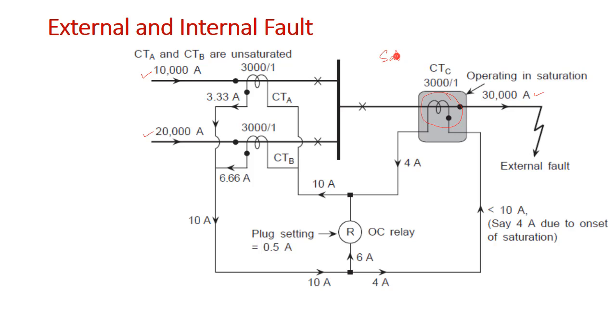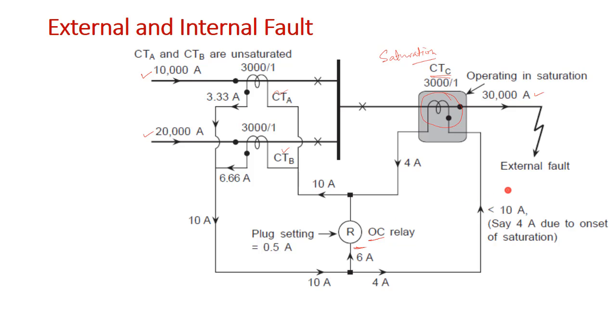So saturation happens in CTC, but CTA and CTB will be operating in normal condition. Because of the saturation, let us say that 4 ampere current is flowing in the secondary side, because most of the current then passes through the magnetization path, we'll see how. Therefore through the relay in the spill path 6 ampere current will flow, which will trip the overcurrent relay, right.